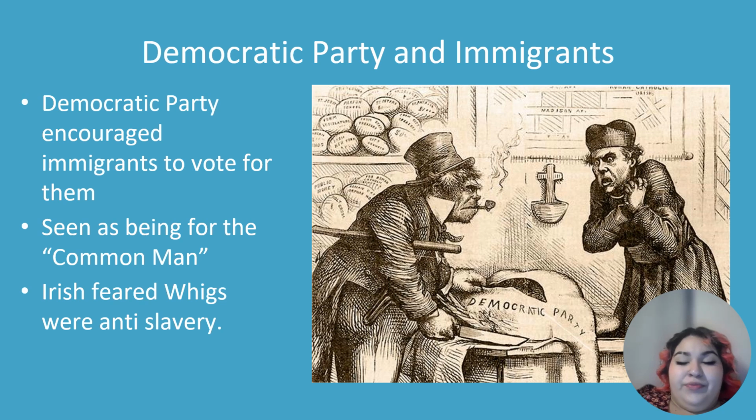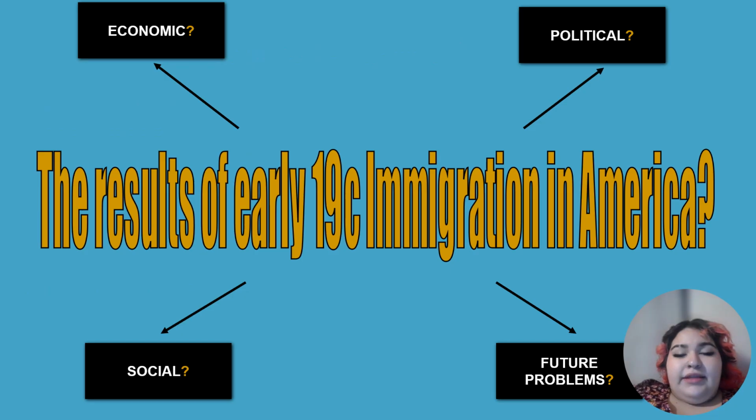They wanted to remove slavery from the country. And the Irish, they're not going to like that. So they are not going to like the Whigs. They're going to fear that anti-slavery belief that the Whigs have, which is going to push them to side with the Democrats.